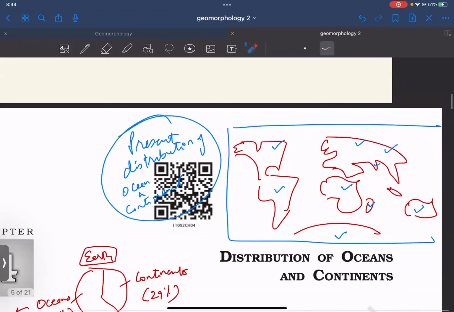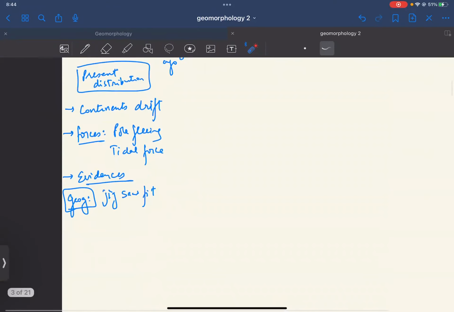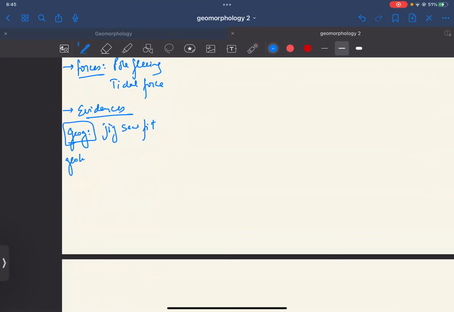फैदम जैसे हम किलोमीटर बोलते हैं, ऐसे फैदम एक टर्म है। और सेकेंड एविडेंस क्या दिया इसने, जियोलॉजिकल रॉक्स का। तो इसने देखा कि अगर ये पहले जुड़े हुए थे, कोई अगर एक एरिया है, ये पहले ज्वाइंट थे, तो जो रॉक्स यहाँ पे मिल रहे हैं वही सेम रॉक्स यहाँ मिलेंगे। अगर सेपरेट भी हो जाए, स्टिल रॉक्स तो सेम ही रहेंगे। बीच में सेपरेट होके वाटर आ गया, पर रॉक्स तो सेम ही हैं। तो दैट मीन्स अगर रॉक्स सेम मिल रहे किसी एरिया पे, दैट इज पॉसिबिलिटी they were joined in the past.